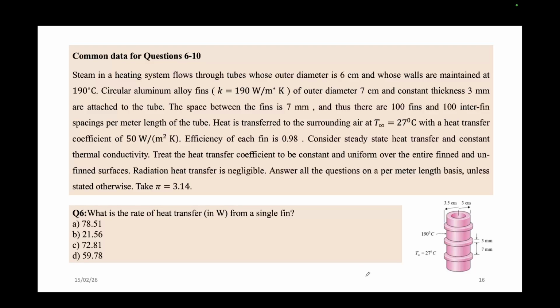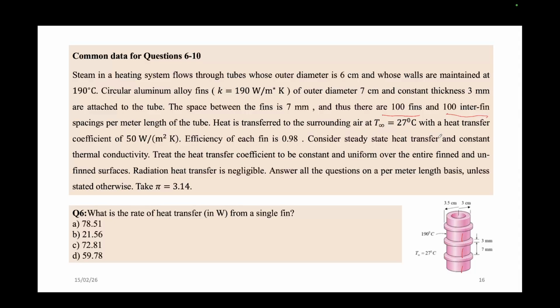Yes, that is the thing. So there are 100 fins given. This is the important thing, please highlight it. And 100 interfin spacings, that means this spacing they are talking about. There are 100 such spacings and 100 fins.